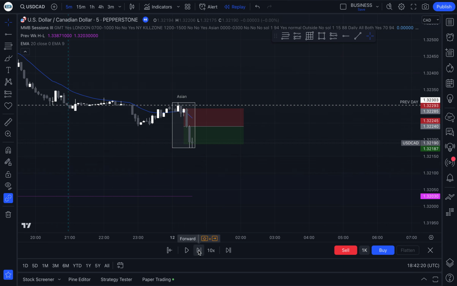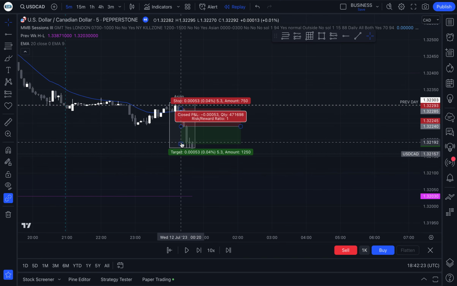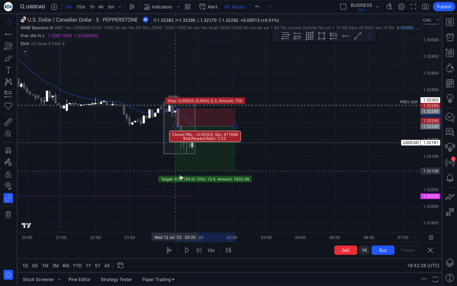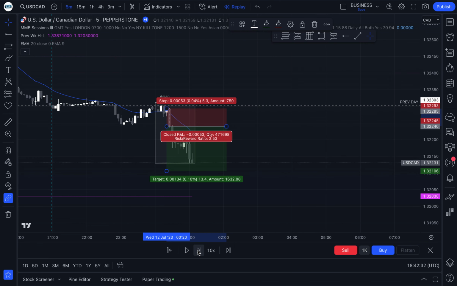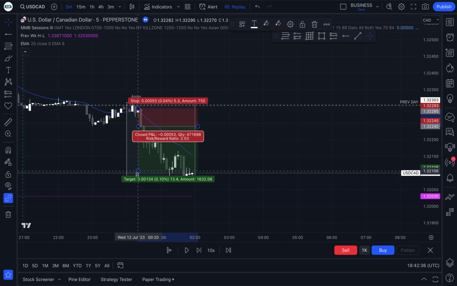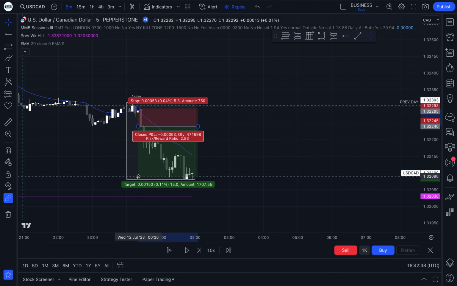Let's see how that goes. So that's a possible trade. Let's keep going.